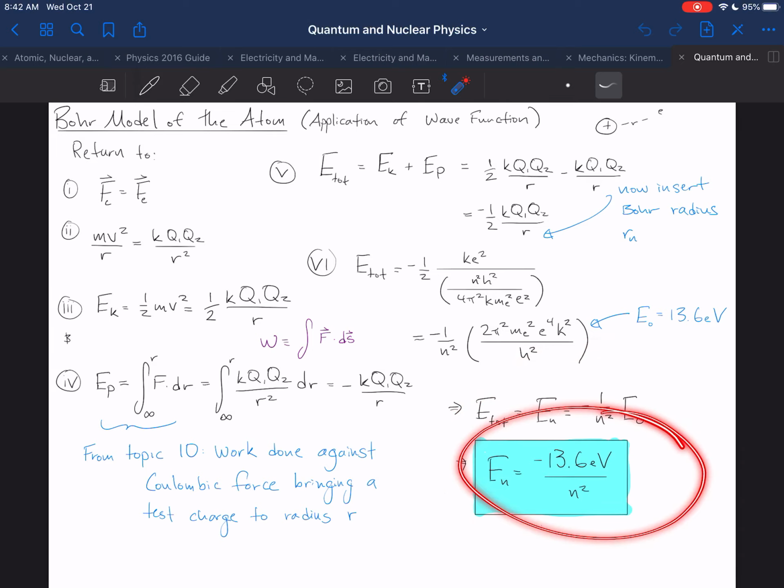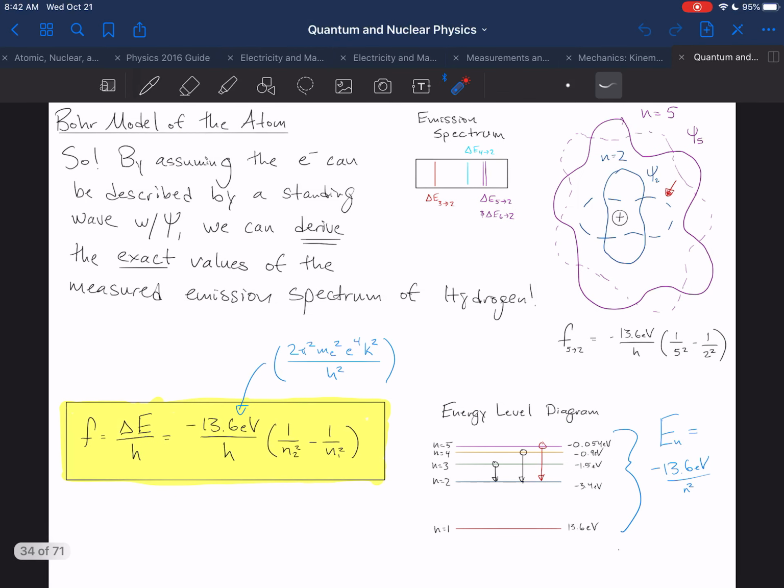And in fact, this is the result we have seen before. So by assuming the electron can be described by a standing wave, psi, we can derive the exact values of the measured emission spectrum of hydrogen. And I'll let you work your way through this.